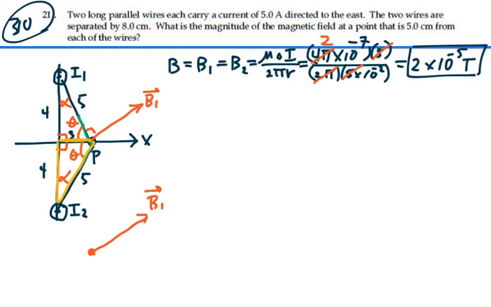And then B2 would go off at a 90-degree angle like this. Using the right-hand rule for these two wires, these magnetic fields are going counterclockwise around the wires. So here's B2. They have equal magnitudes, and we're evaluating them from point P on the x-axis.